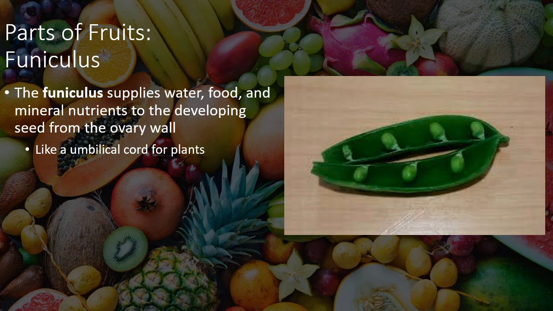First of all, after the egg cell within the ovule has been fertilized by the sperm cells, which were delivered by the pollen through the pollen tube, the embryo inside of the seed starts to develop. And the embryo, in order to develop properly, will need water, food, and mineral nutrients.